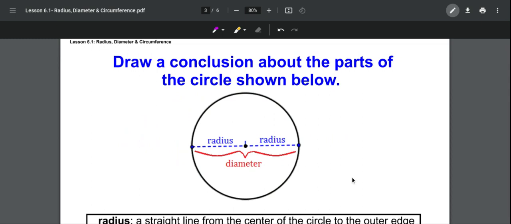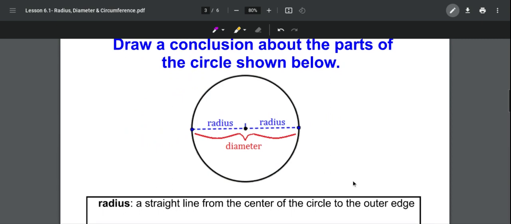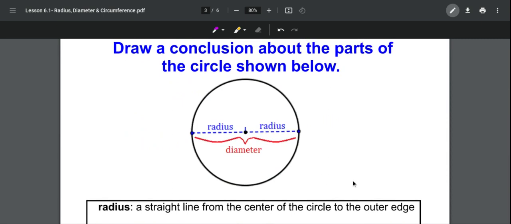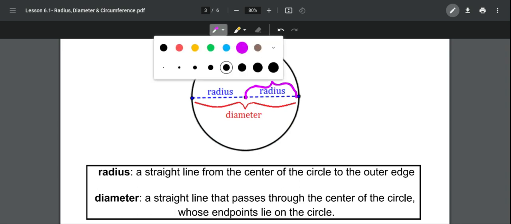If we look at the definition for each of the radius and the diameter, we will see that a radius is a straight line from the center of the circle to the outer edge. The diameter is a straight line that passes through the center of the circle whose endpoints lie on the circle.